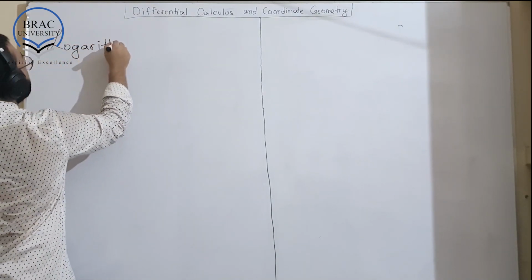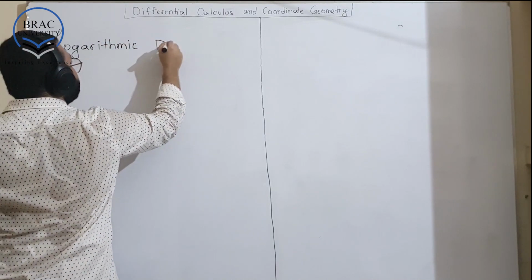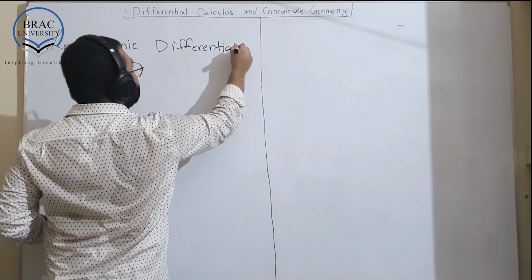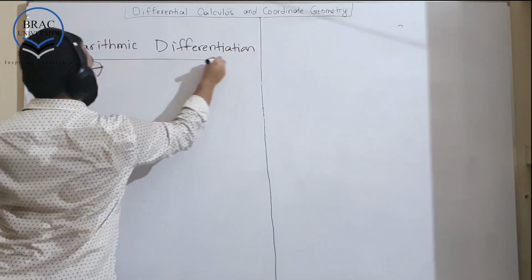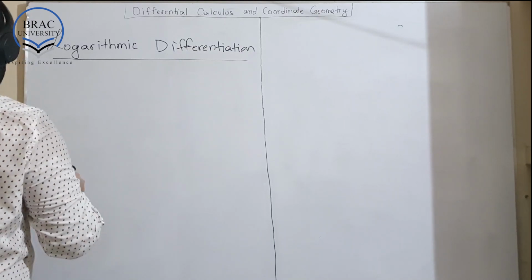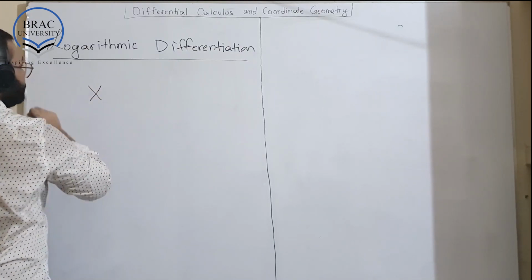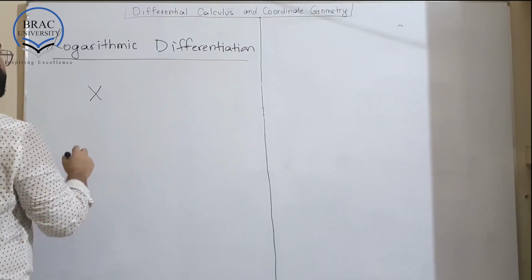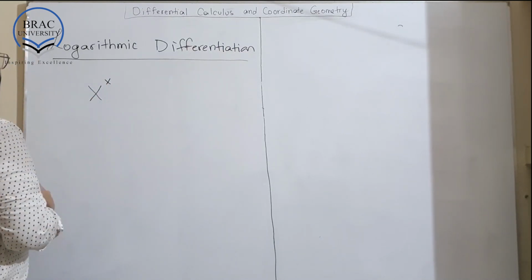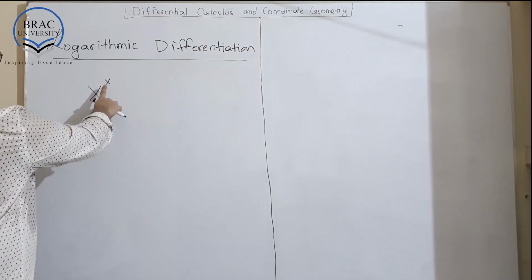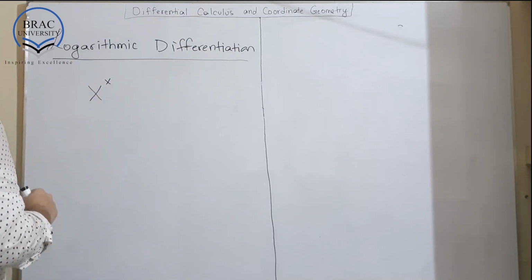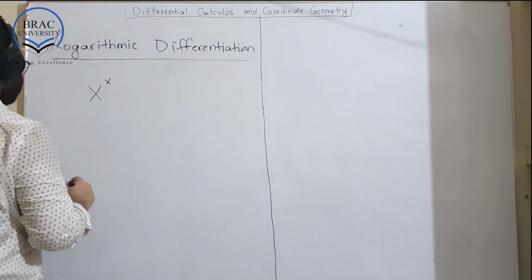Logarithmic differentiation is an application of implicit differentiation. So, what is logarithmic differentiation? I said this is very useful when you have a variable as a power, maybe something like x to the power x. It's a very useful technique. So how do we do that?